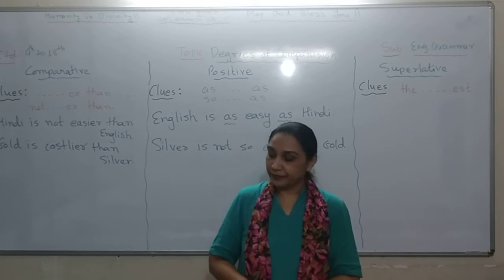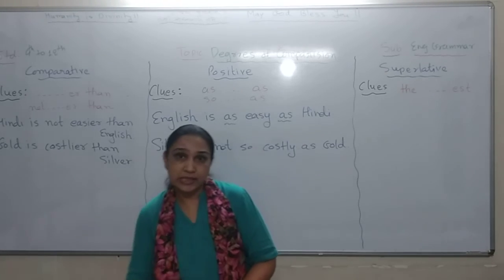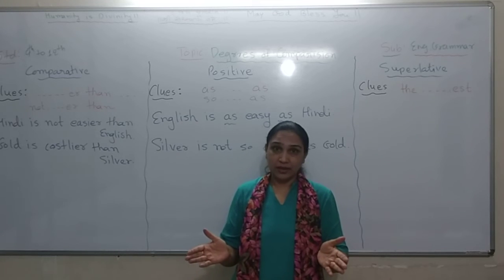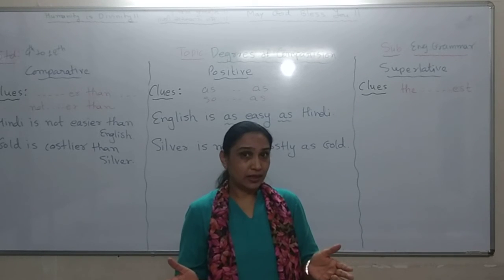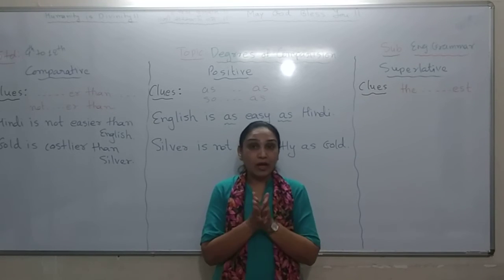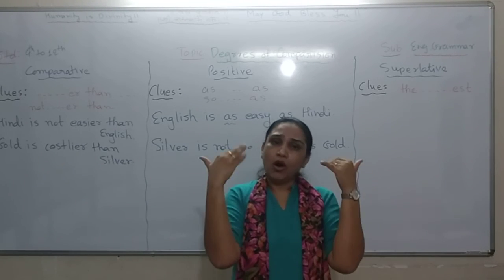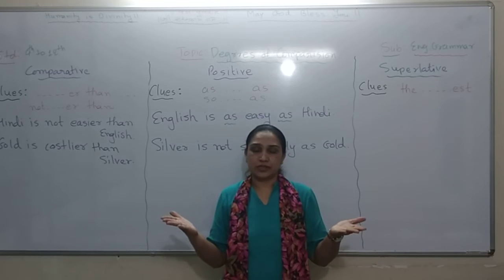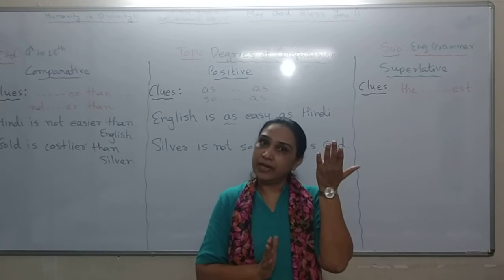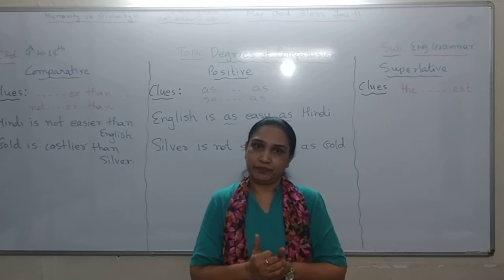Clear? Understood? Now, what if I want to convert this sentence into superlative? No. Why? Because if I am comparing just two objects or two persons or two situations, there can never be superiority in them. One can be either less or one can be more, or both can be equal.